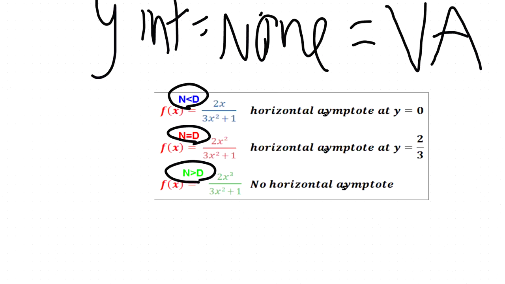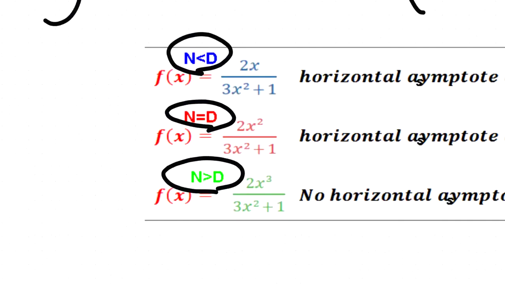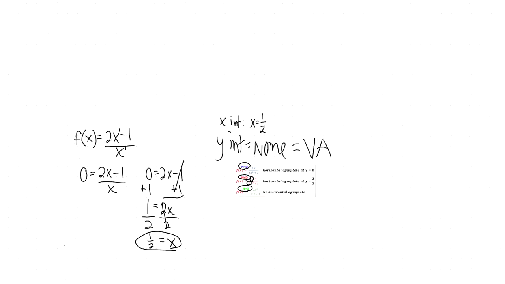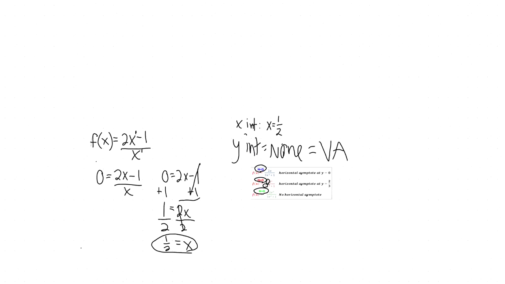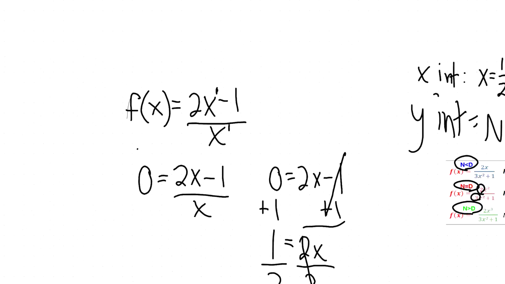Well, that's just this specific example. How did they get that? We're going to use the leading coefficient on the numerator over the leading coefficient of the denominator. That's how they got the 2 and the 3, 2 over 3. So for our problem, let's do the leading coefficients. We've got a 2 and a 1.